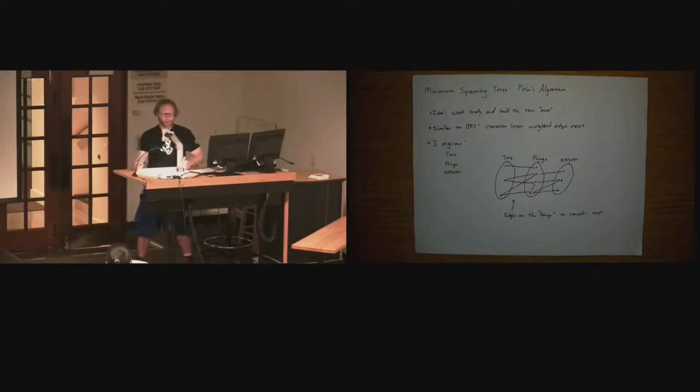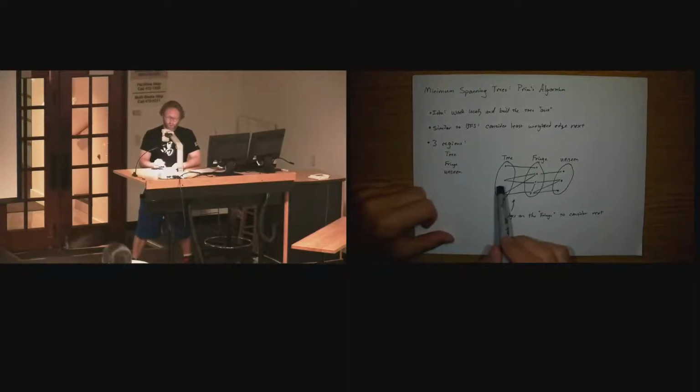I want to look at another one because the idea is very similar to the next algorithm that we're going to look at after this, Dijkstra's algorithm. It's called Prim's algorithm, and it takes a little bit of a different approach, a different strategy. Instead of just considering all edges in some order, it actually tries to build the tree out from an initial vertex. So the idea here is that you have to work locally.